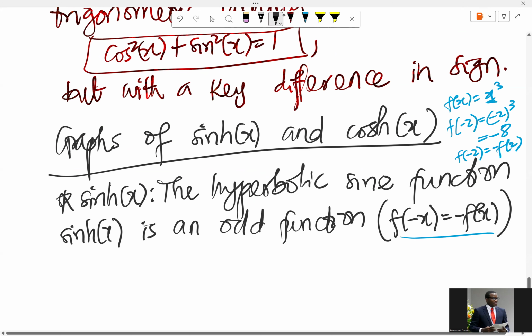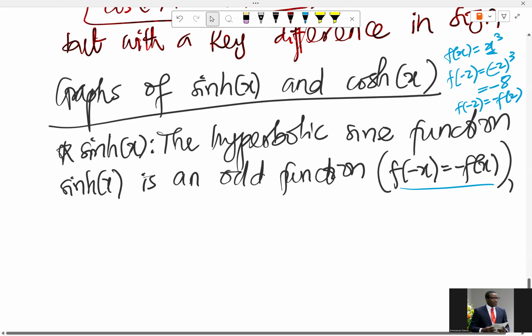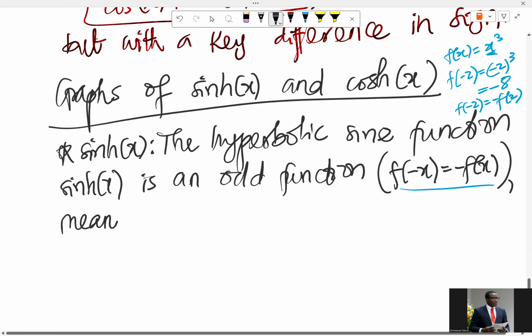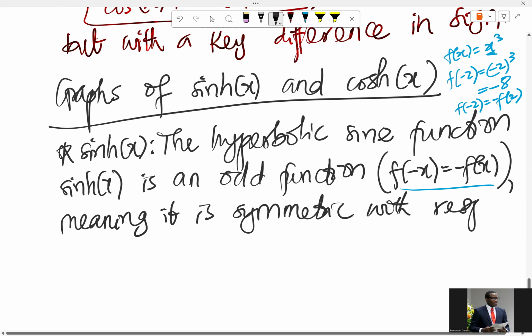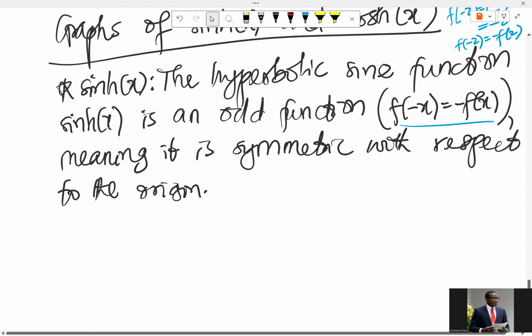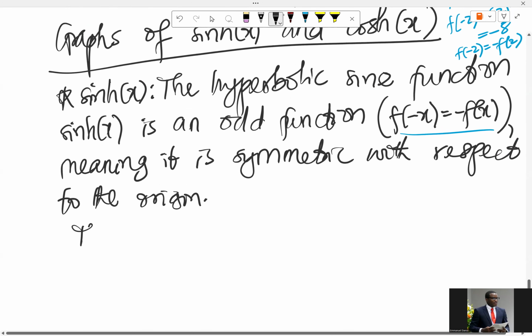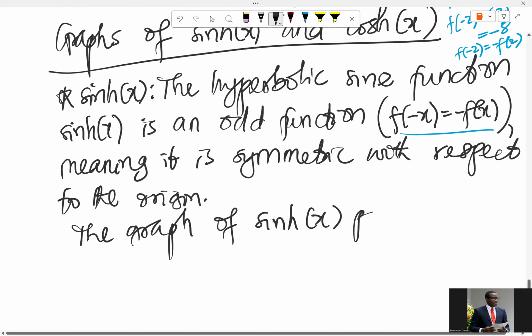It is symmetric with respect to the origin.